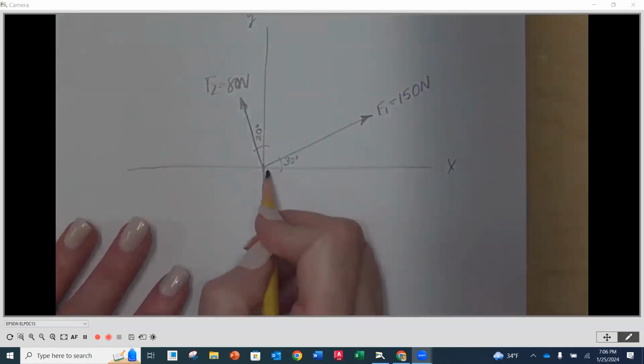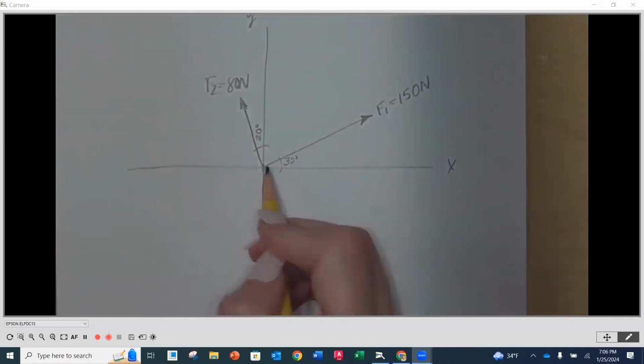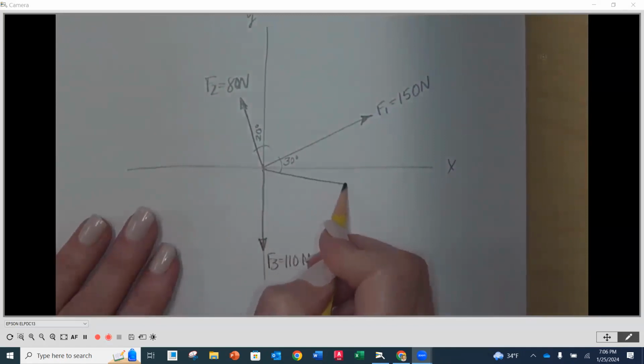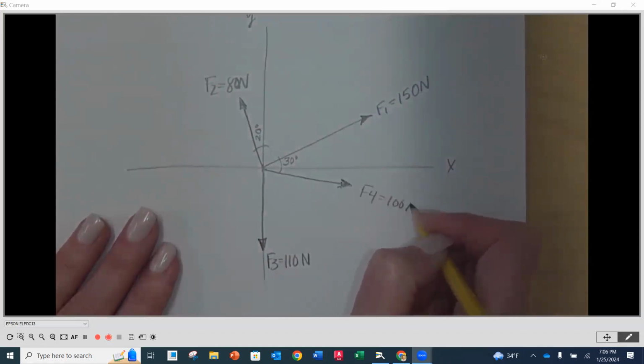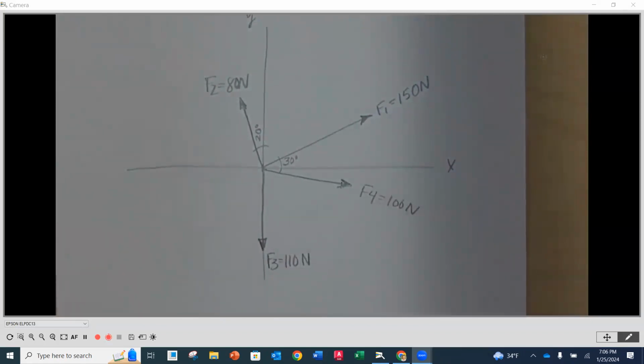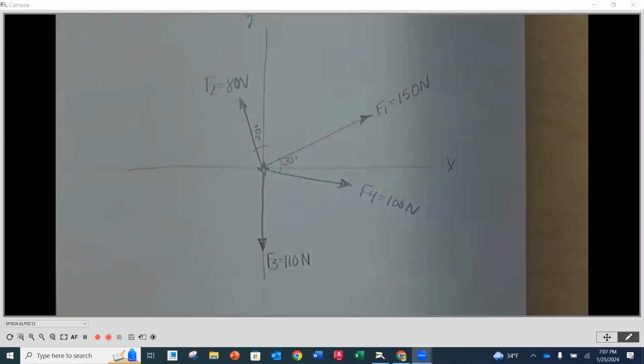And then the last force that I have, at 15 degrees from horizontal going down and to the right, is going to be F4, and F4 is equal to 100 newtons. I'm not going to worry about labeling the point because it would just add an extra letter, but that's point A. They all share that origin.